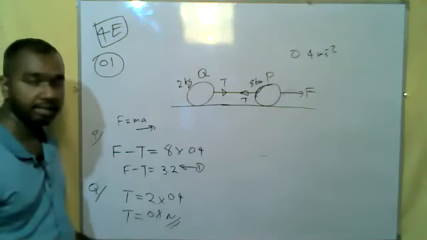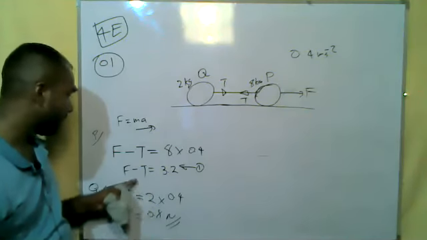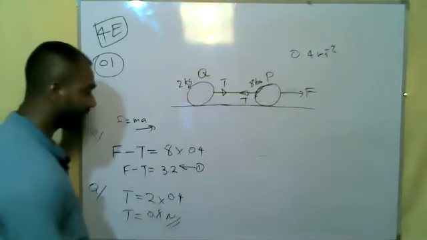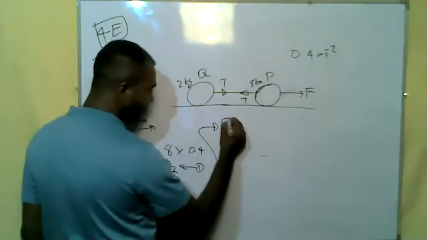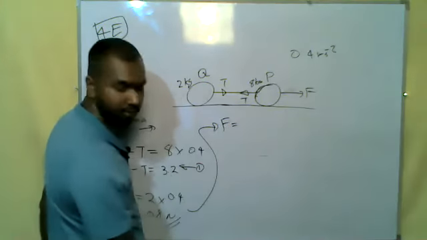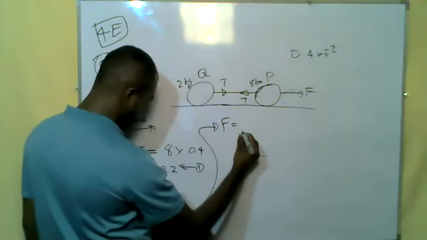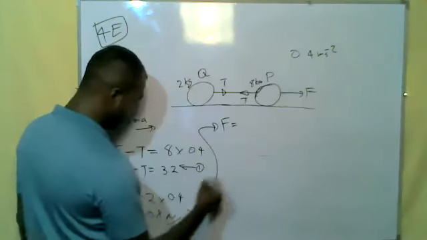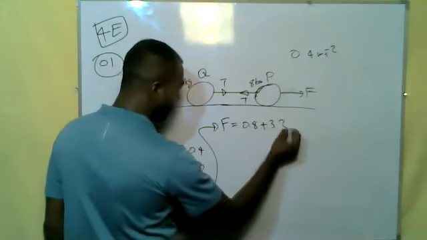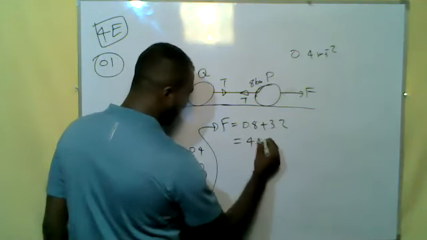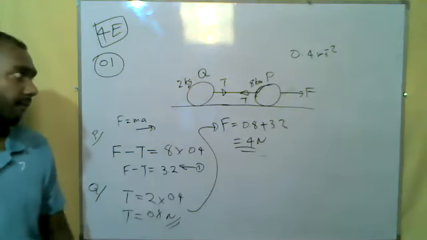So now we can apply it to equation 1 and find F. Force should be equal to the tension, 0.8, plus 3.2. So the force applied to this system should be 4 newtons.